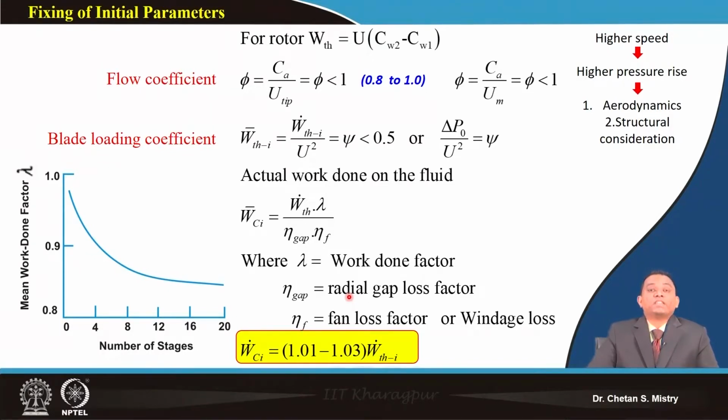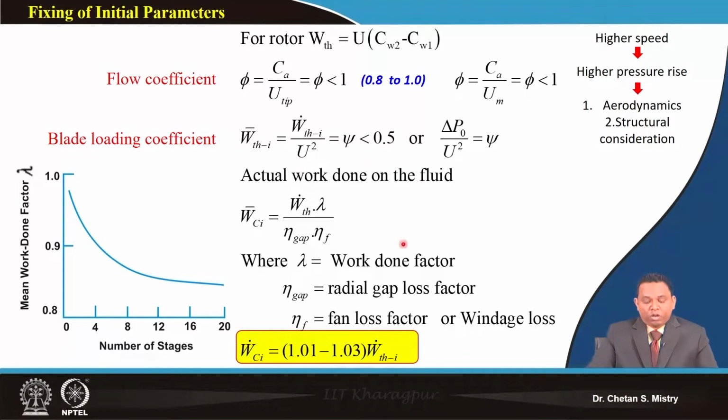Similarly, there are many engines in which we provide a gap between hub and stator blade also. So the blade will not be fixed between casing and hub. That is called a cantilever kind of configuration. This represents the fan loss factor, and it also represents my windage losses.